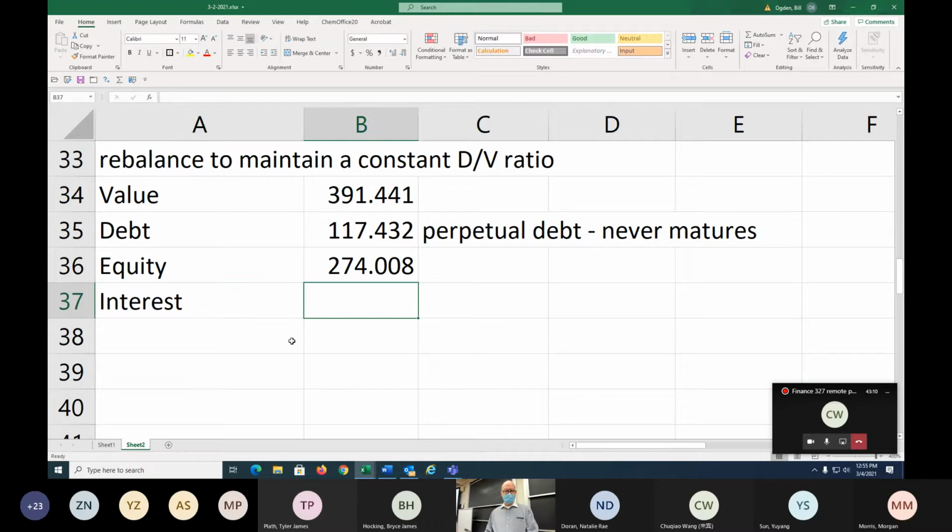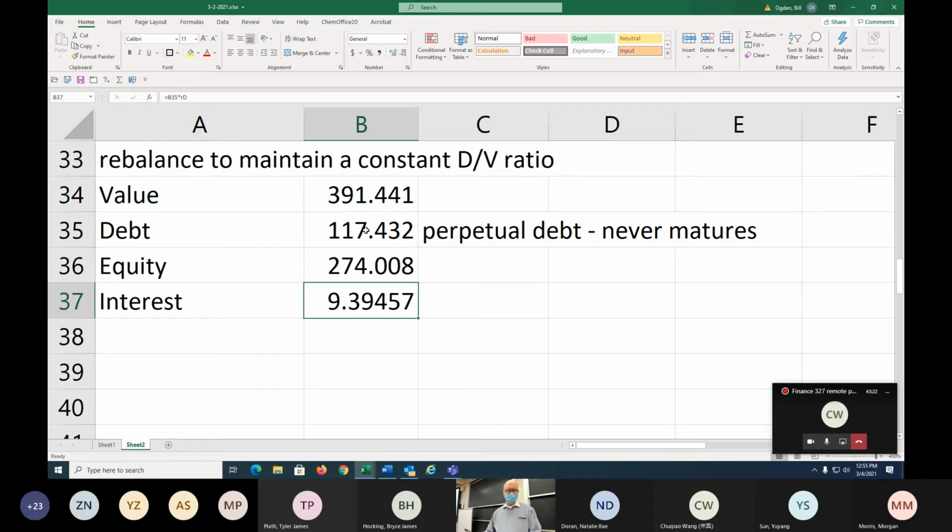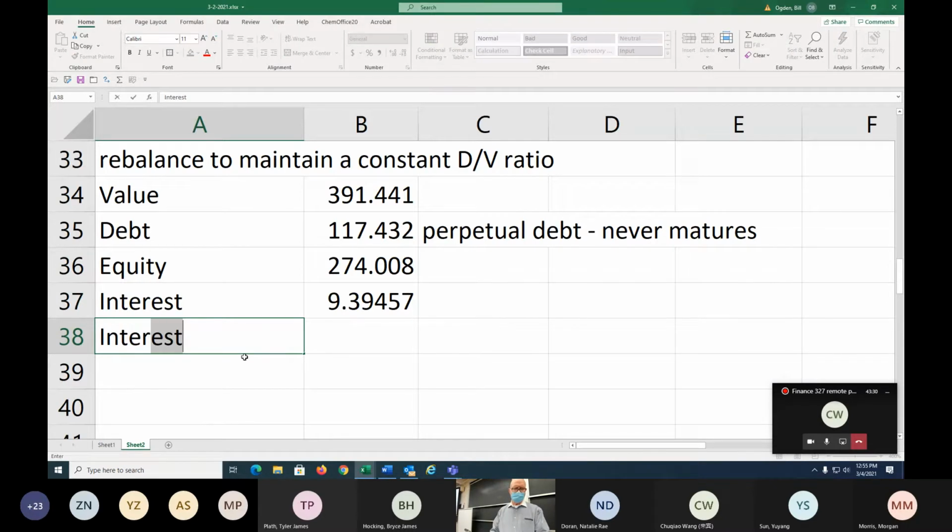Interest equals your debt times your RD. Do we have an interest tax yield? Sure. Interest tax yield.